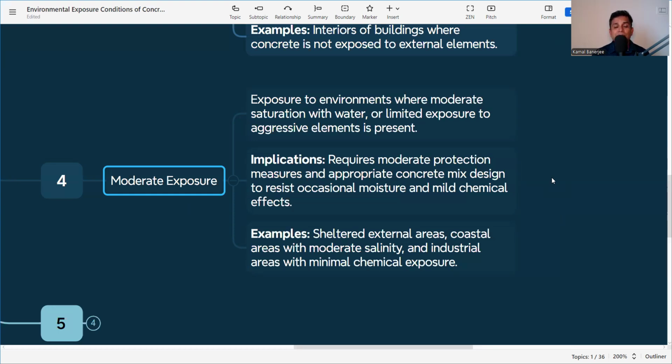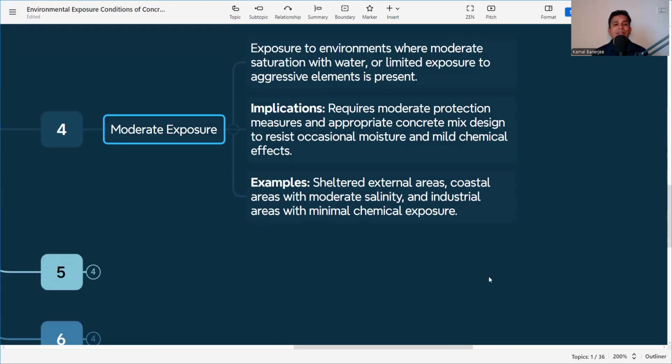If my structure is exposed to moderate saturation with water, that means limited rain, some hot and cold, but not going to the freezing point, that is called moderate exposure. The implication is that it requires moderate protection measures and an appropriate concrete mix design to resist occasional moisture and mild chemical effect.